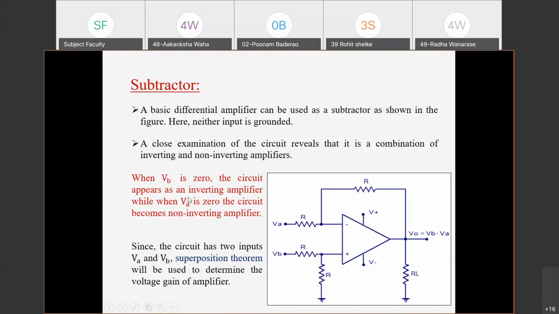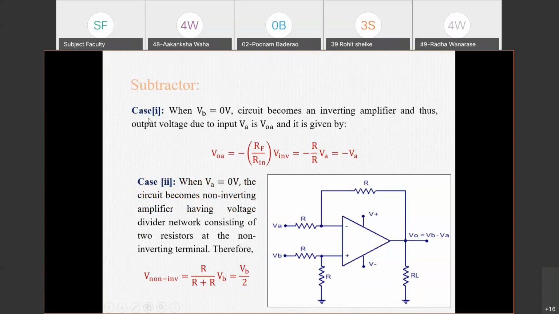While when VA is 0, the circuit becomes a non-inverting amplifier. Since the circuit has two inputs, VA and VB, the superposition theorem will be used to determine the voltage gain of the amplifier. So we are now well equipped to analyze this circuit.